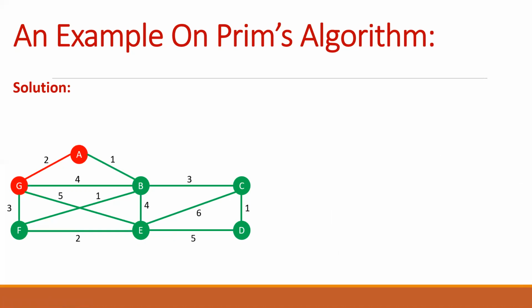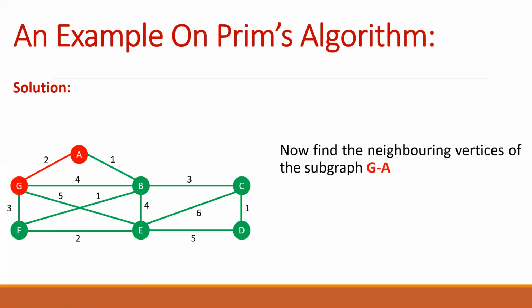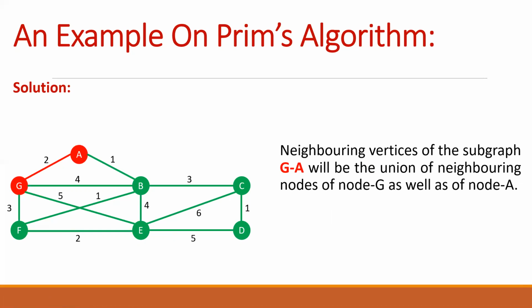Now GA acts as a subgraph and we have to find all the neighboring vertices of this subgraph GA. For this purpose, we find the neighboring vertices of node A and of node G. When we find the neighboring vertices of node A, we see there are two, B and G, but G cannot be considered a neighboring vertex of A because AG is a single system, a subgraph.